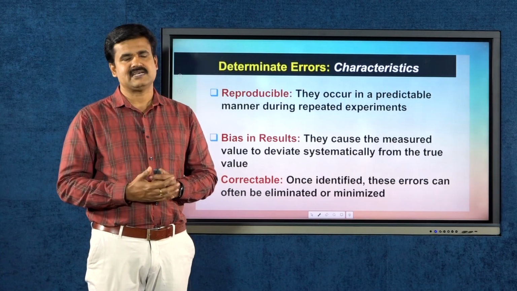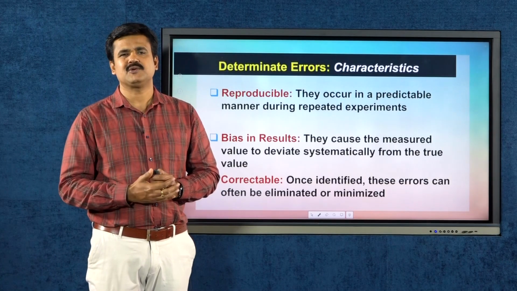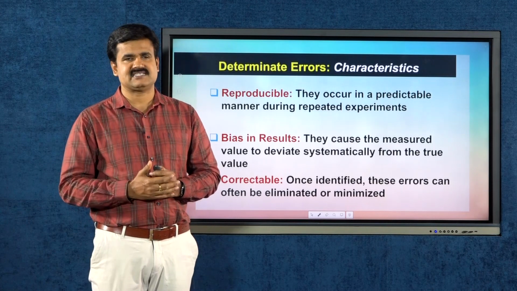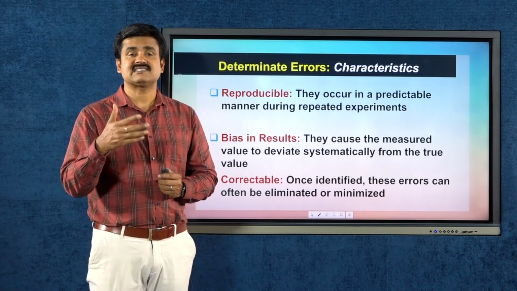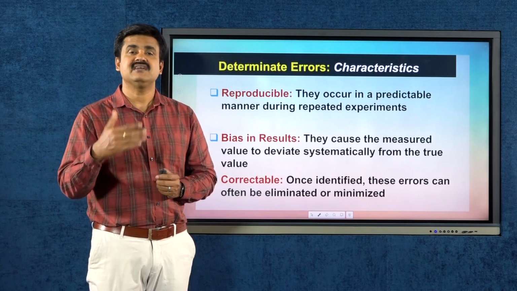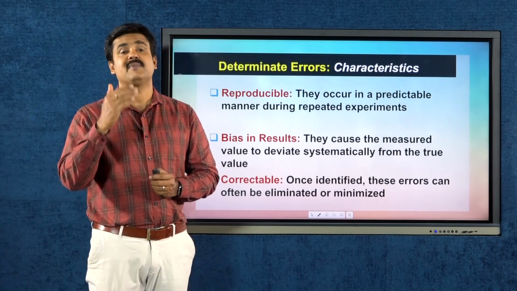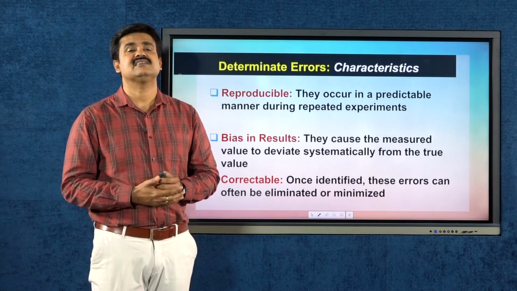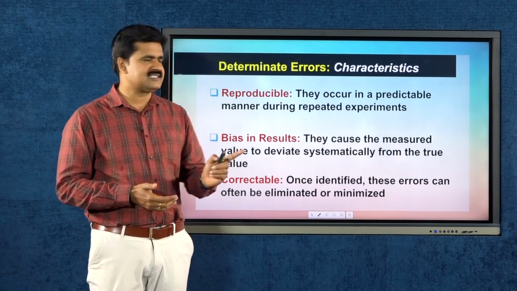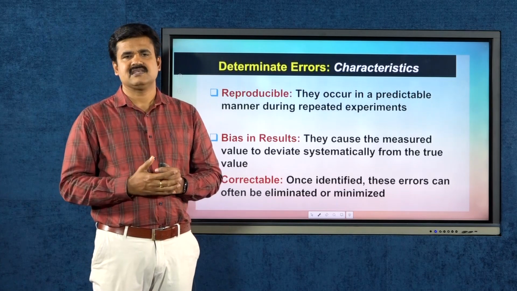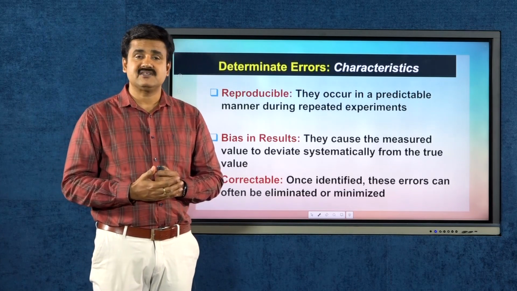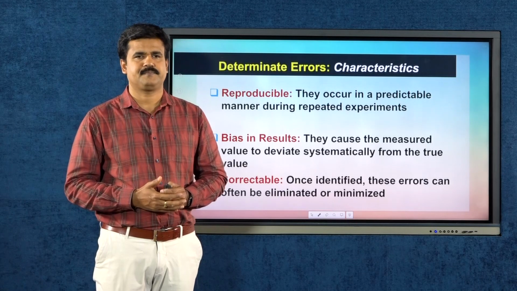As I mentioned earlier, it is possible to correct determinate errors to a greater extent. That is, determinate errors can be identified and corrected. Not in full measure, but substantially you can correct them. Once identified, these errors can often be eliminated or minimized.